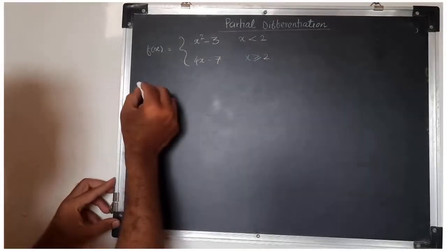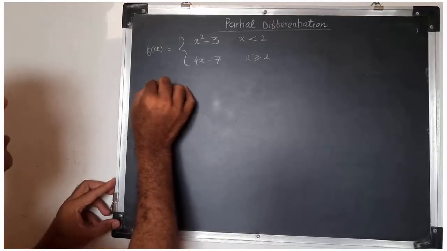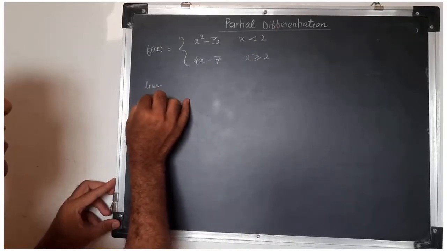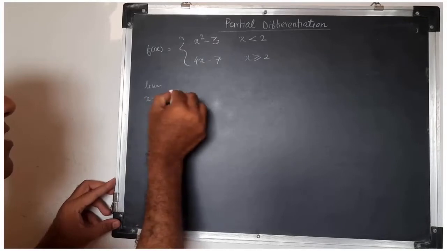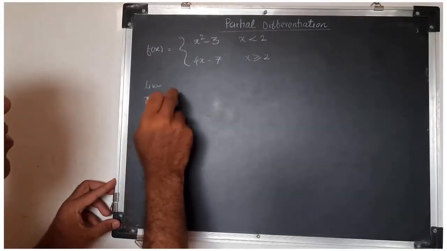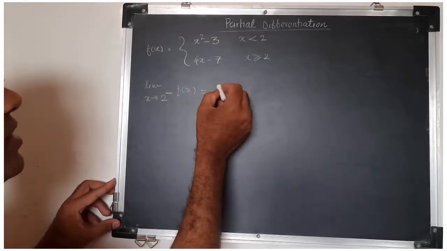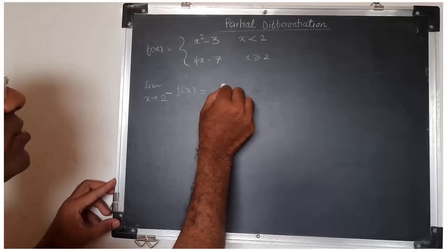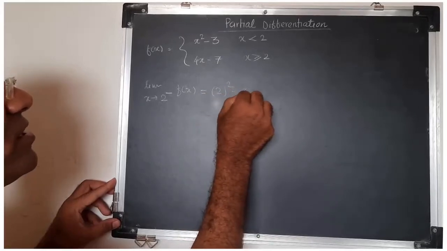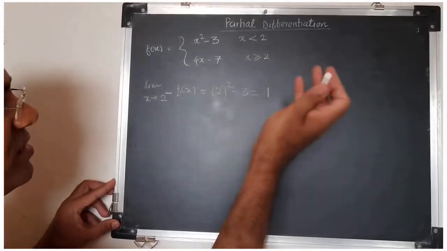So I will take x less than 2, that is, the limit as x approaches 2 from below of f of x. If I put in the value, that is 2 square minus 3, so you get the answer 1, since 4 minus 3 is 1.